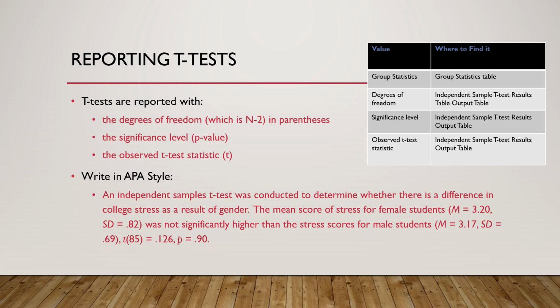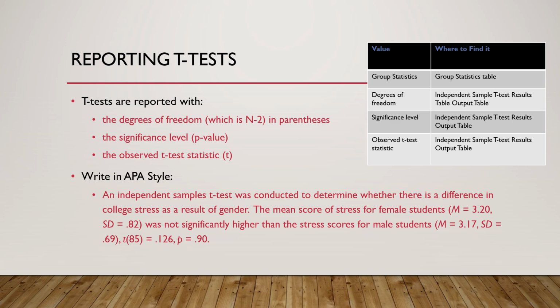I then report the t with the degrees of freedom of 85 in parentheses, and then it equals 0.126 with the p-value of 0.90. And this matches the exact data that we saw on the output. I have all of the group statistics. I have the degrees of freedom, the significance level, and the t statistic in that answer.